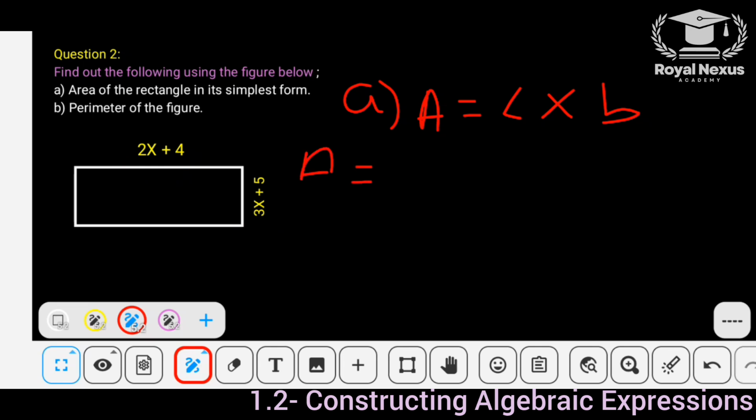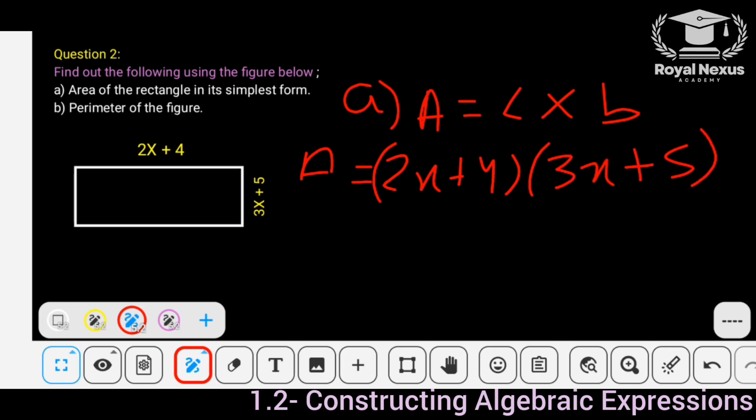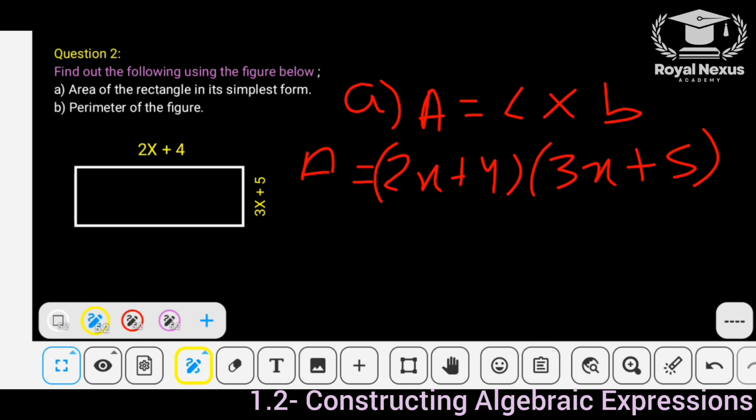Area is equal to 2x plus 4, that is being multiplied by 3x plus 5. So in order to multiply it, we just need to multiply each and every term with the terms in the other bracket like this.